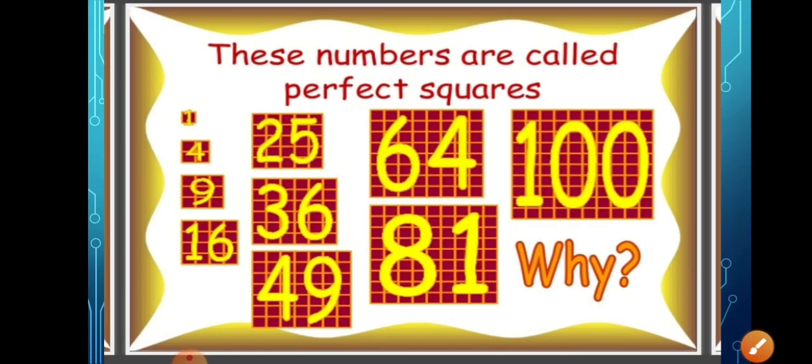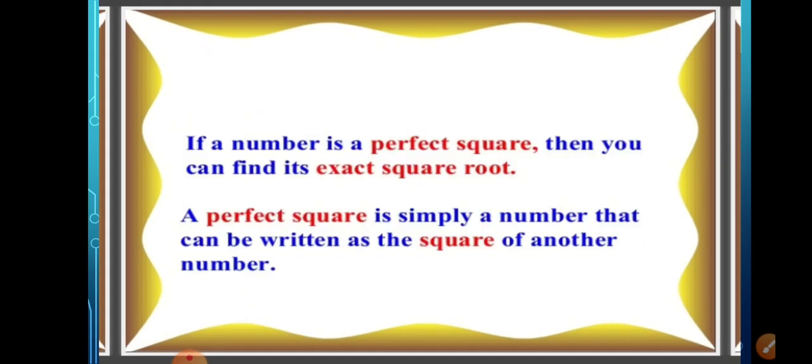Now these numbers are called perfect squares. Why? If a number is a perfect square, then you can find its exact square root. Square root we will discuss. Now, a perfect square is simply a number that can be written as the square of another number.